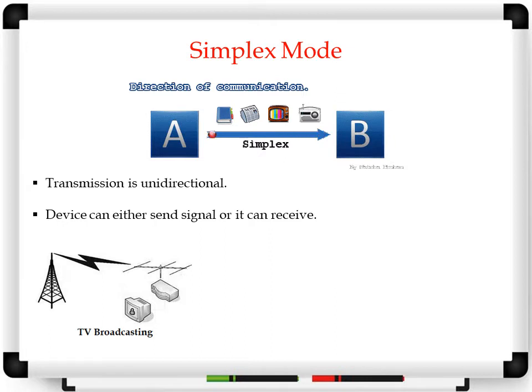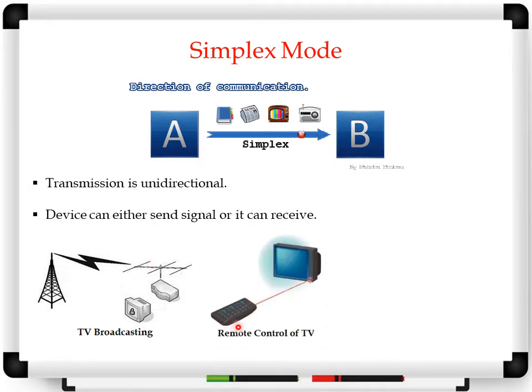The popular example of simplex mode of transmission is television broadcasting. In television broadcasting, the broadcasting station transmits the signal while the television receiver receives it. So the direction of signal flow is only from the transmitting antenna to the television receiver.